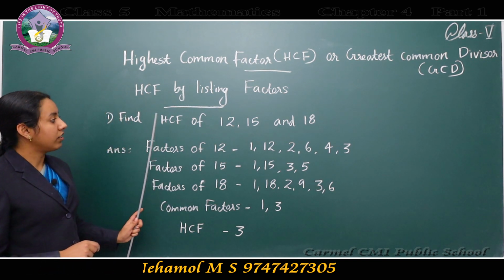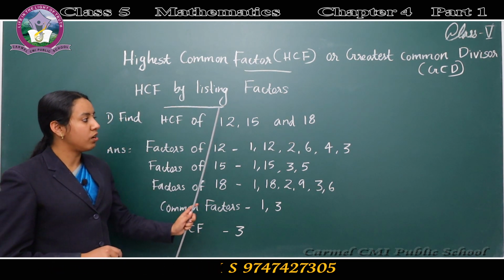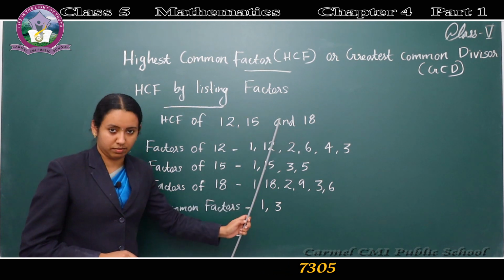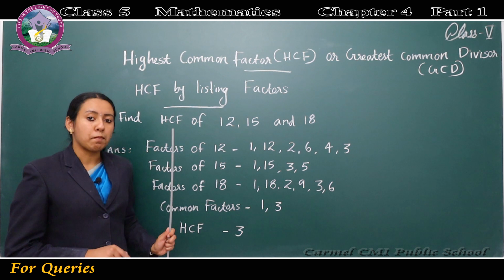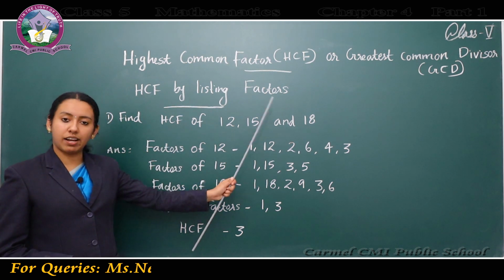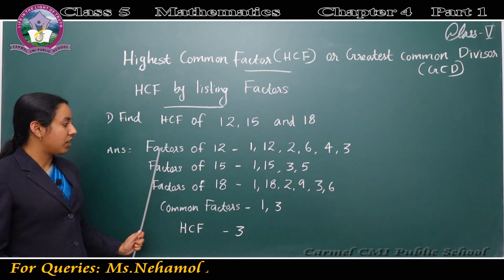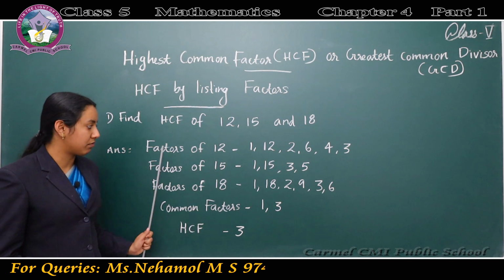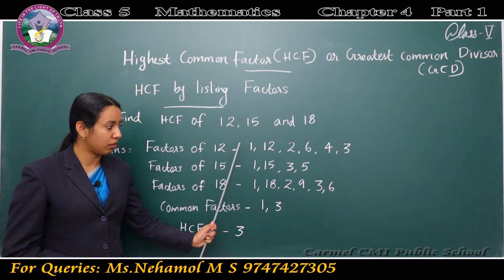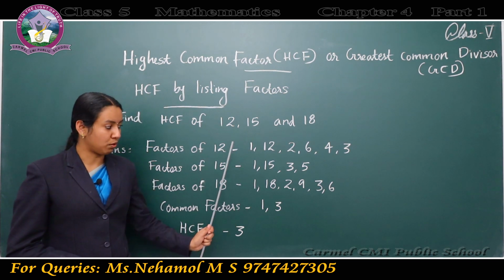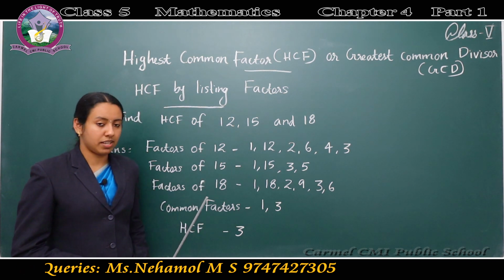Consider an example. Find HCF of 12, 15 and 18. We have to find HCF of these three numbers by listing factors. First we have to list the factors of 12. 1 times 12 is 12, so 1 is a factor, 12 is a factor.